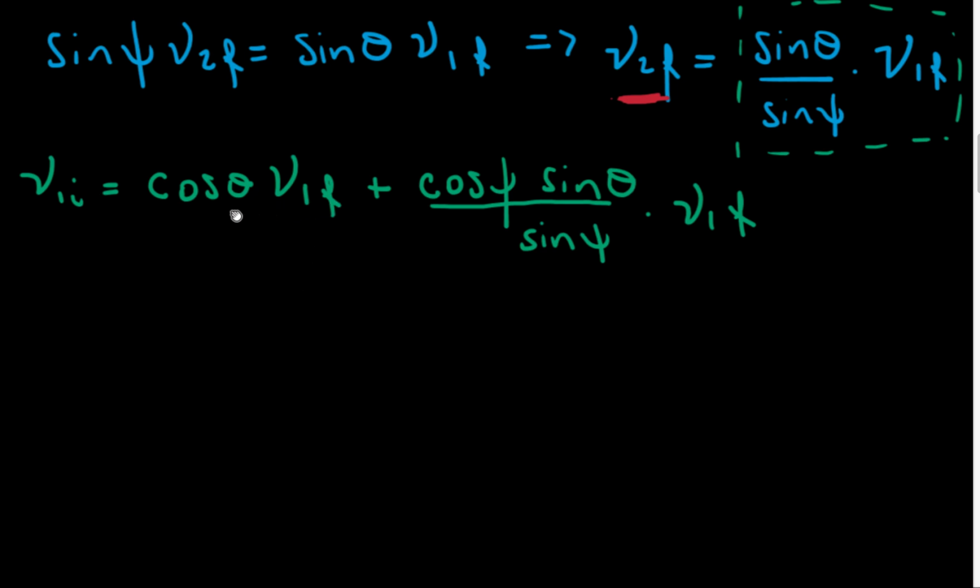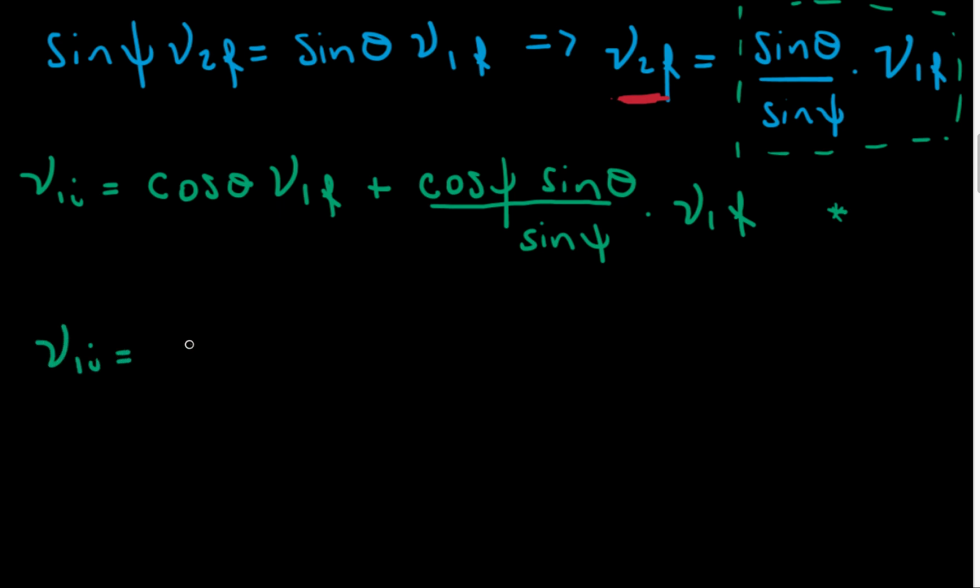We now need to solve for V1 final. This is a good point too if you want to get from this to the next line that I'm going to write, because I'm going to skip a few steps, but I'll describe what the steps are. The sine over cosine is going to turn into a tangent in the denominator. Then you're going to have cosine theta, sine theta divided by tangent. And then do you see how you can undo a distribution right here and pull V1 final out? That's what I'm going to do. So I'm going to rewrite this out.